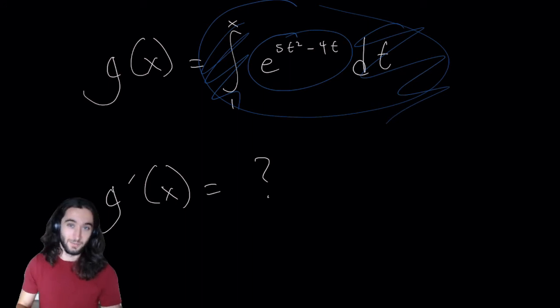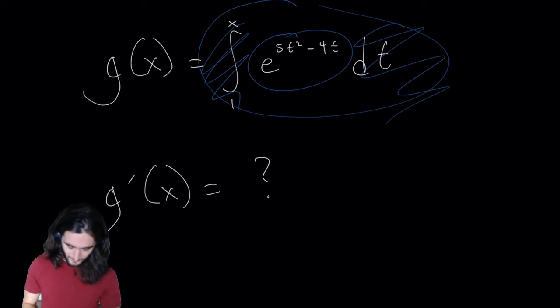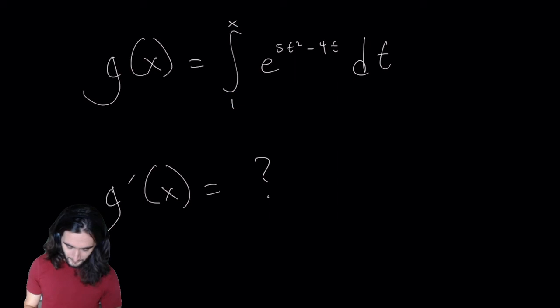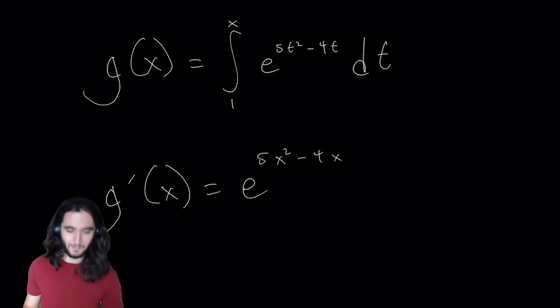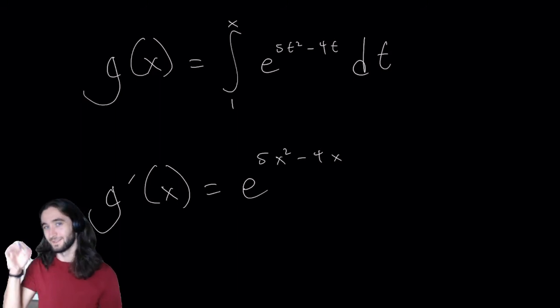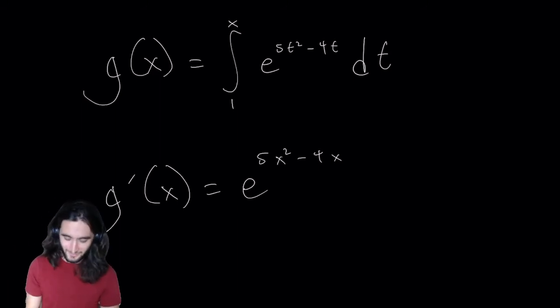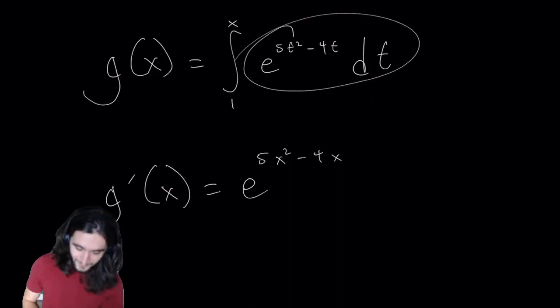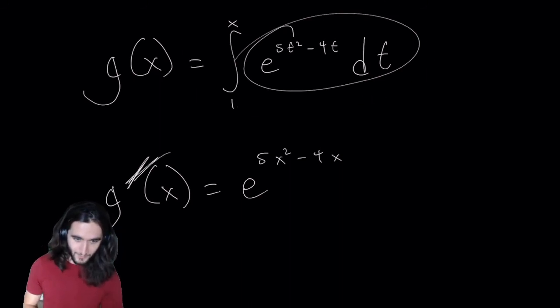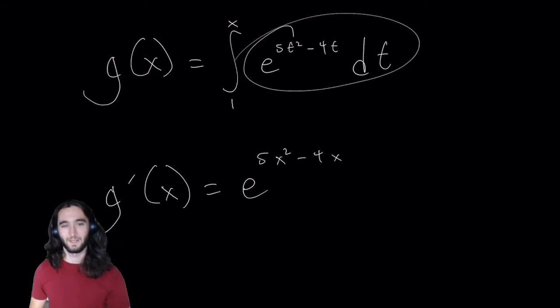And so it's just going to be that function that you started with, that function on the inside, which I'll use the letter x for since that's the letter we're using for the input variable. But as always, the letter you're using is not important, right? It's some function on the inside. We were taking the integral of that, but then we undid the integral because we took the derivative.